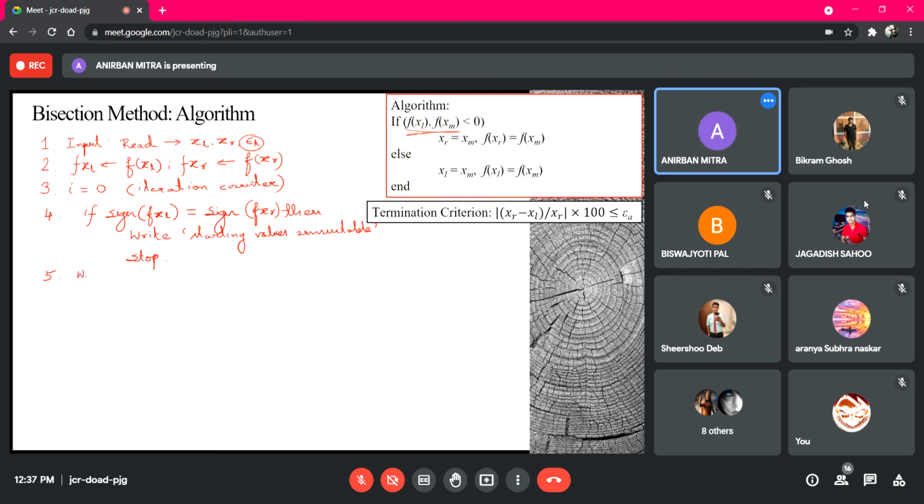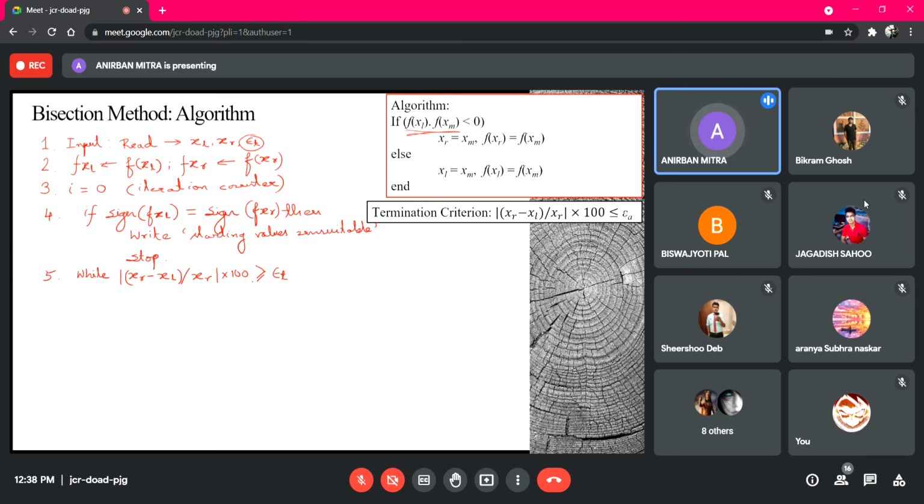How do we find the root now? Let's take this while loop. While this value, XR minus XL divided by XR into 100 in terms of percentage, is greater than or equal to, let's say, epsilon t, then we have to carry on the procedure.